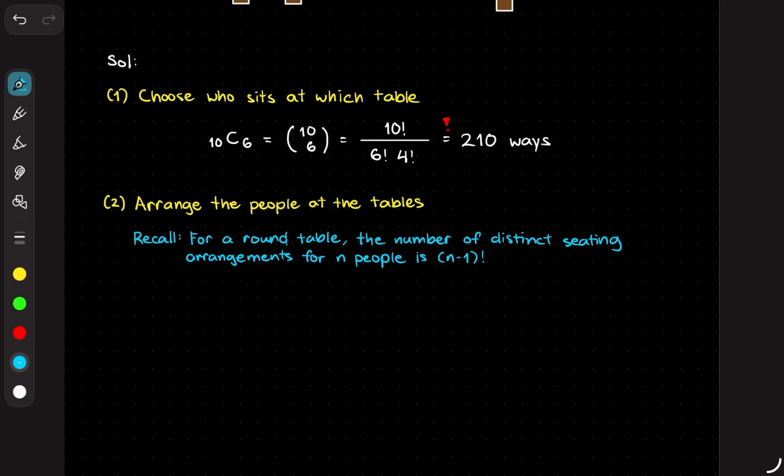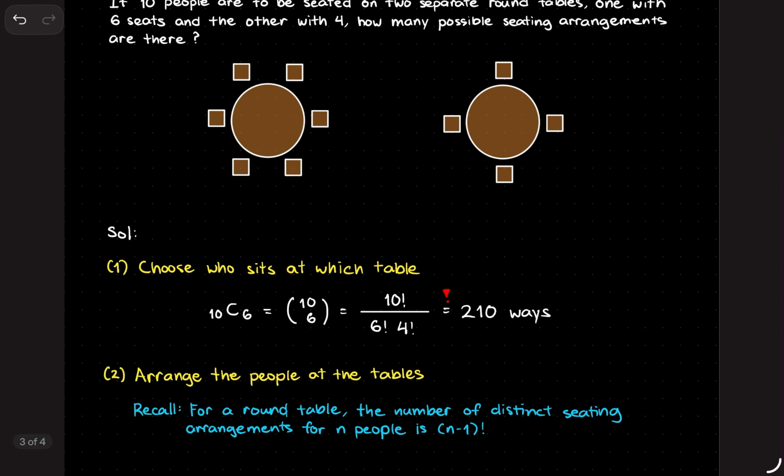The idea here is that the minus 1 appeared because of the rotational symmetry present in a round table. So for instance, if this one is person 1, 2, 3, and 4, it would be the same if we have here 1, 2, 3, and 4. That is not true in a linear arrangement, but for a round table, this is true.